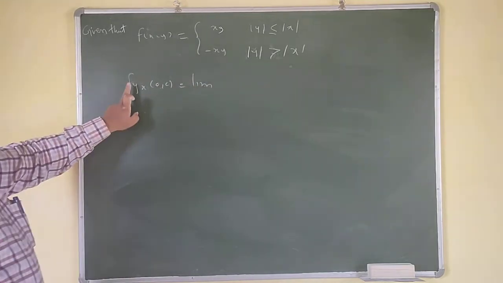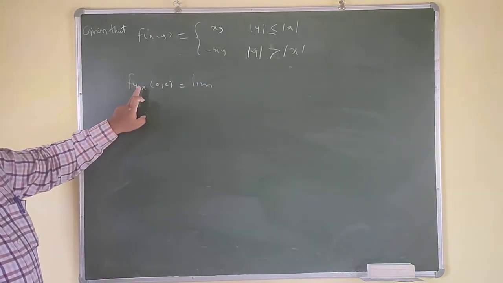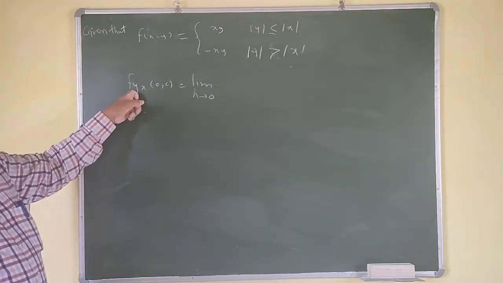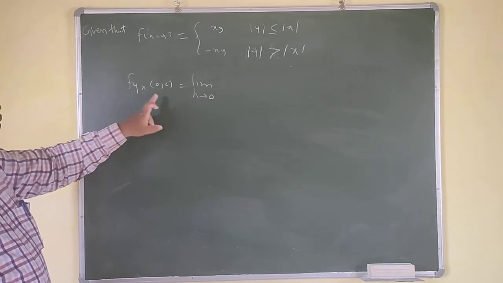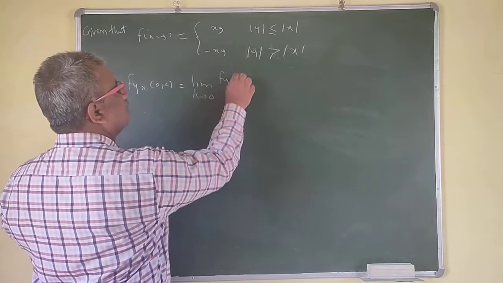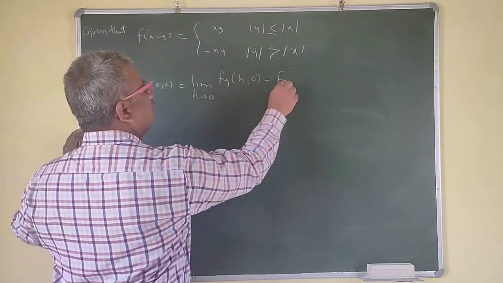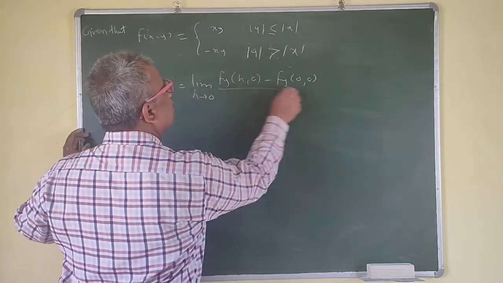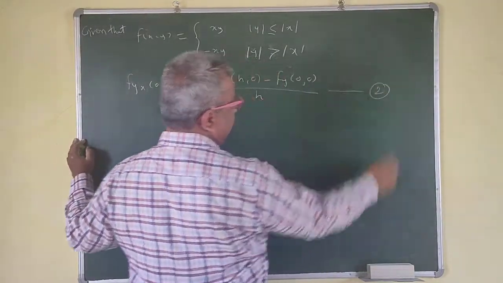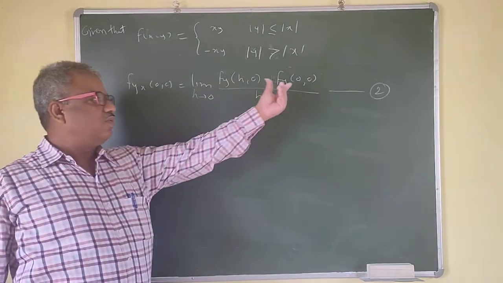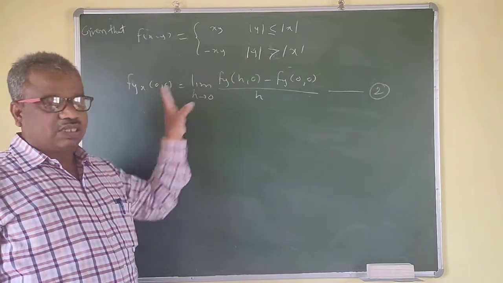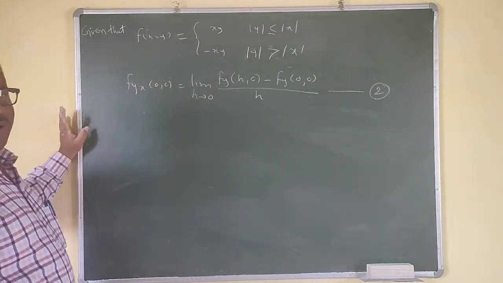We are differentiating f_y partially with respect to x, so limit as h tends to 0 of f_y, increasing your x coordinate by h, so f_y(h,0) minus f_y(0,0) upon h. We call this 2. We will find the values of f_y(h,0) and f_y(0,0), then put them in, and the limit will be the value of f_yx(0,0).